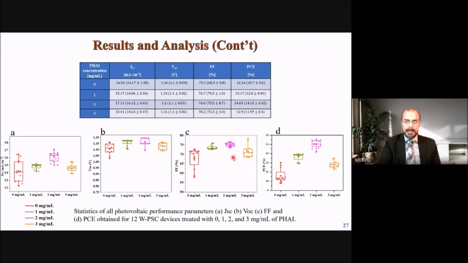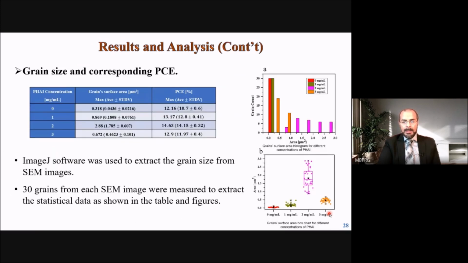For the fill factor, the 2 milligrams group again has a higher average. And for overall performance, where the efficiency is measured, this group has the highest efficiency compared to the other 3 groups.